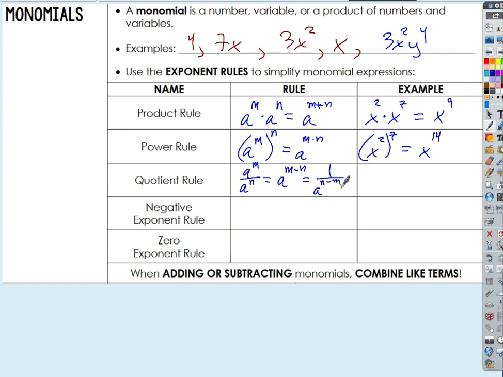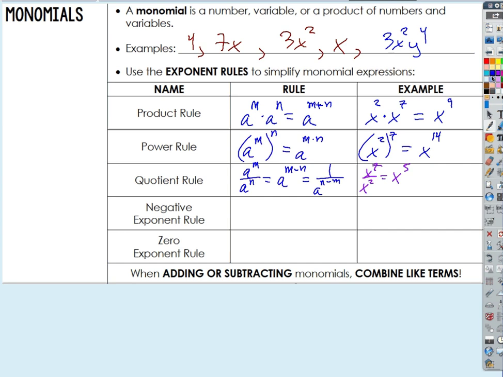So there's a way you can think about this. Let's look at one example. If I have x to the 7th over x squared, what is that? x to the 5th. Good.